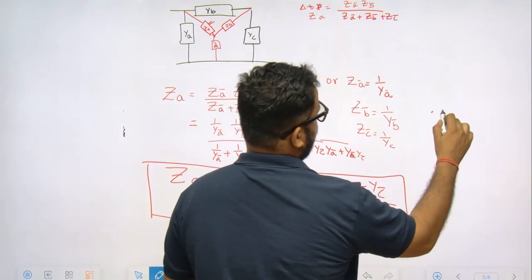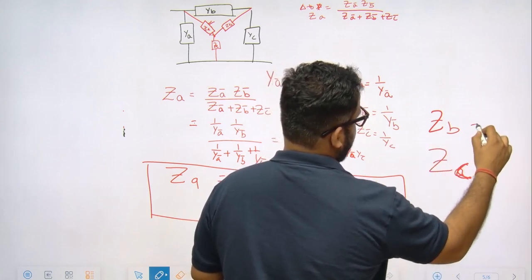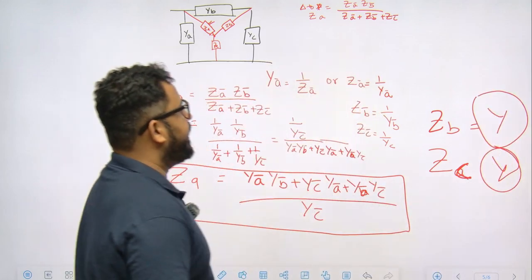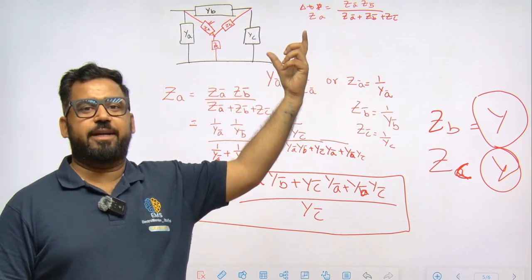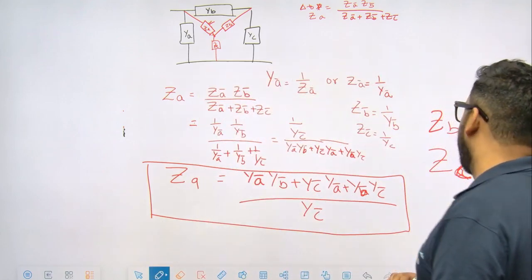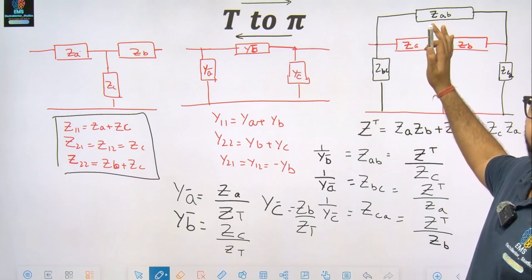So I would request you to calculate the parameter for ZB and for ZC in terms of Y, because for this it would be admittance and for the other it would be impedance. So I'll just give you a look back. This is the simplest conversion because everything is given in the form of impedance.